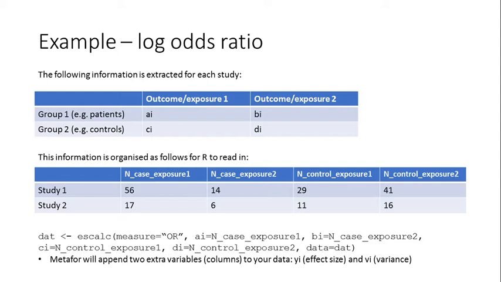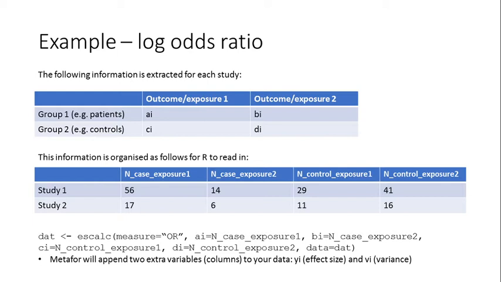Then you've got the number of cases of ASD who don't meet criteria for ADHD. Oh god, these are bad examples. And then you've got the opposite one. So you can imagine a table like this. You've got patients, controls, outcome or exposure 1, outcome or exposure 2. That's a typical table, like in a chi-square or something.